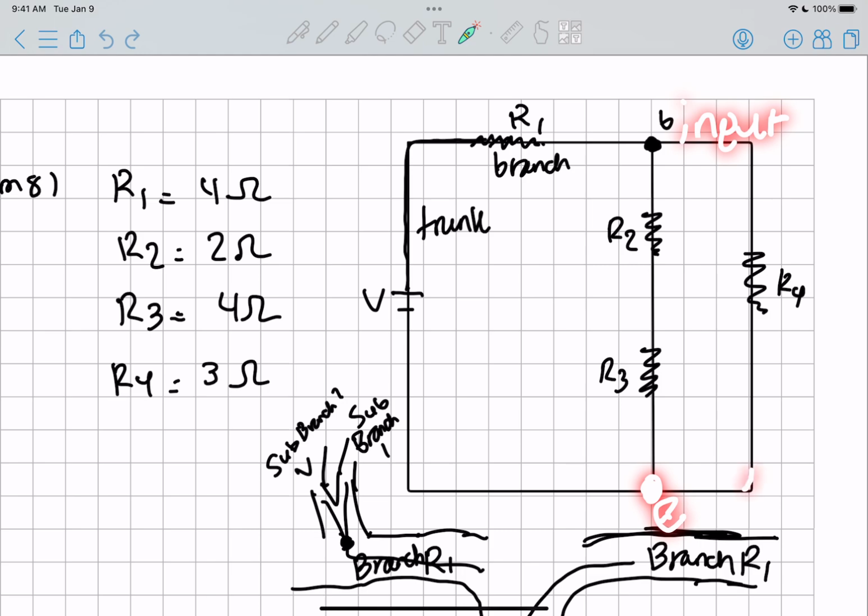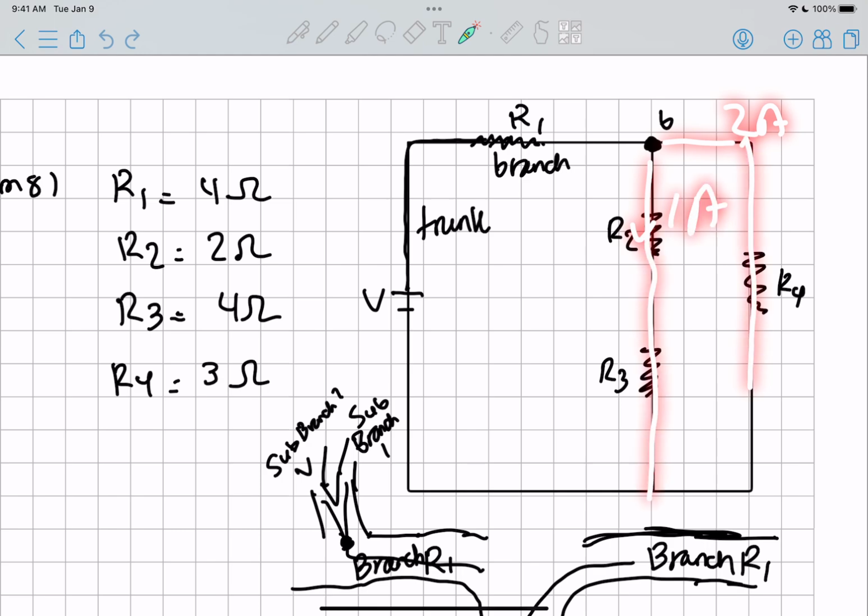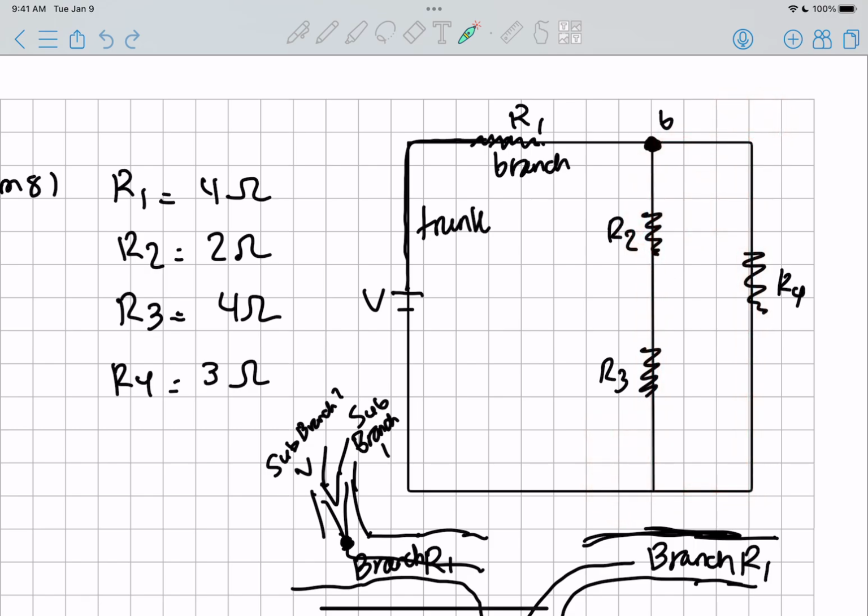At this output point, the current must, quote unquote, reunite. We split off into 2 amps and 1 amp here, and now it has to reunite to 3 amps here. So the current, the charge, has to be conserved after you go through those branches.